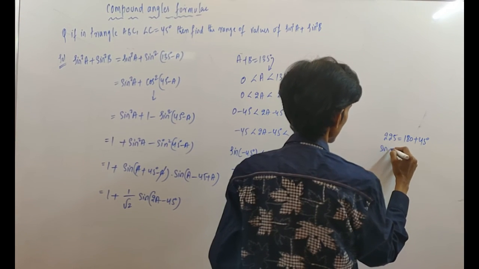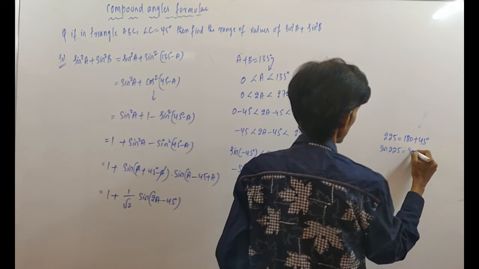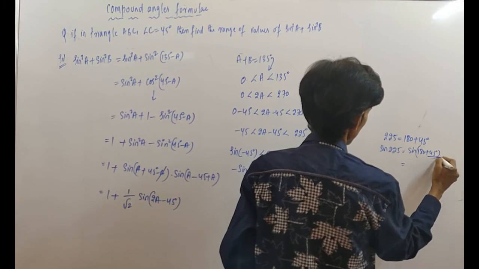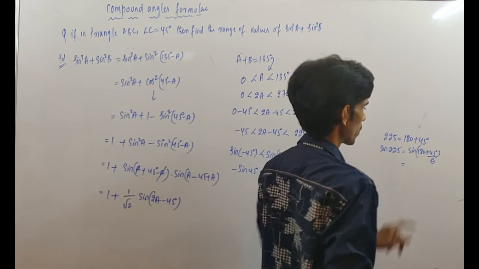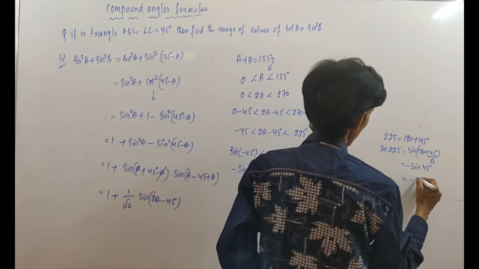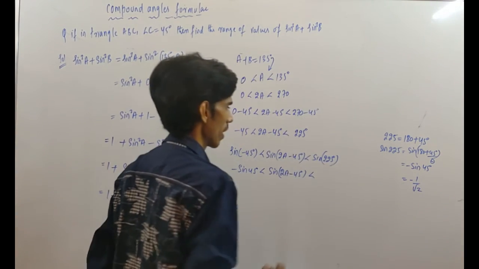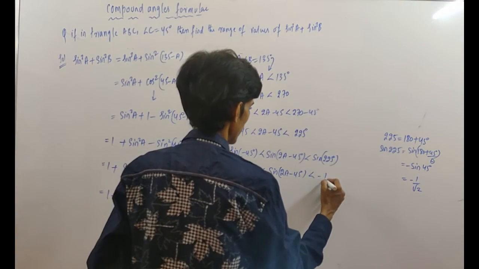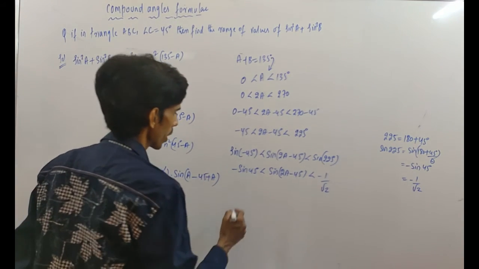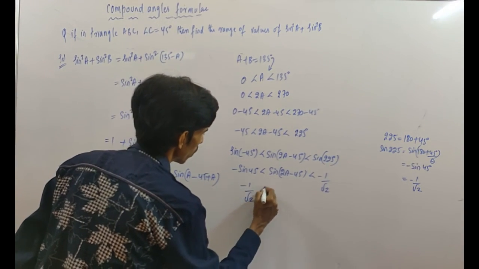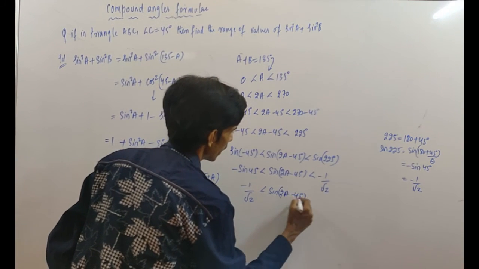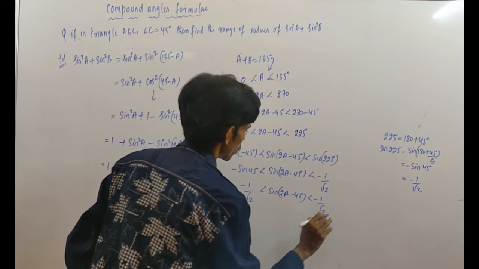Sin 225 equals sin(180 plus 45). Treat this as theta: sin(180 plus theta) is minus sin theta, and theta is 45 degrees, so it becomes minus 1 by root 2. So the value of sin 225 is minus 1 by root 2. Here also minus sin 45 is minus 1 by root 2. So minus 1 by root 2 less than sin(2A minus 45 degrees) less than minus 1 by root 2.